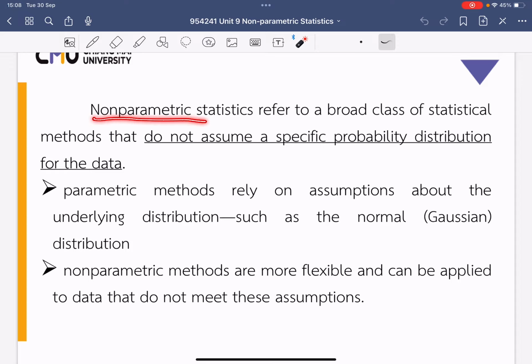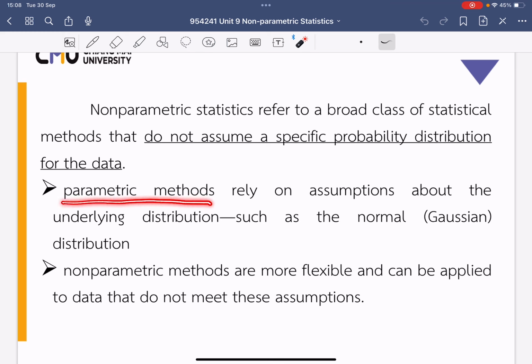Nonparametric statistics is a broad set of statistical methods in which we do not assume a specific probability distribution for the data. So we don't need a normal distribution of the data.